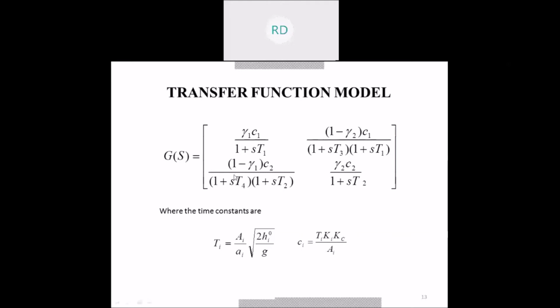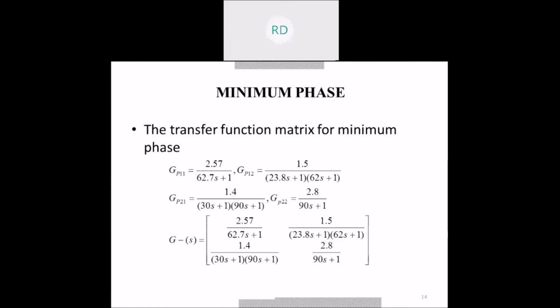Similarly, G21 is 1 minus gamma 1 c2 divided by 1 plus sT4, 1 plus sT2, and G22 is gamma 2 c2 divided by 1 plus sT2. For the T and C formulas given here, you substitute the nominal parameter values. You will get the transfer function like this for minimum phase as well as non-minimum phase.